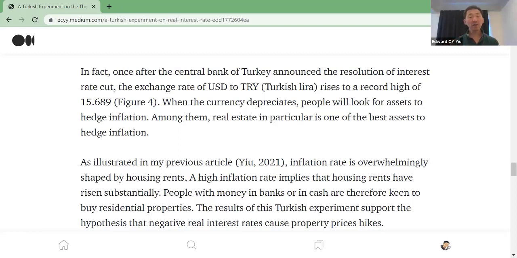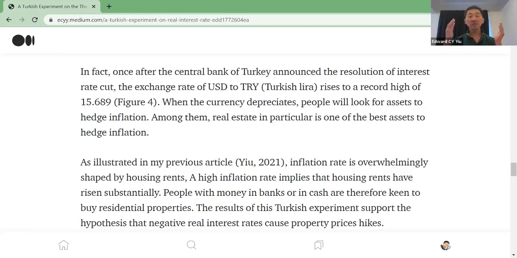As I illustrated in my previous video, the inflation rate is overwhelmingly shaped by housing rents. So a high inflation rate indeed implies that housing rents have risen substantially.